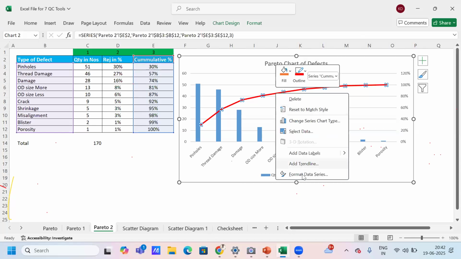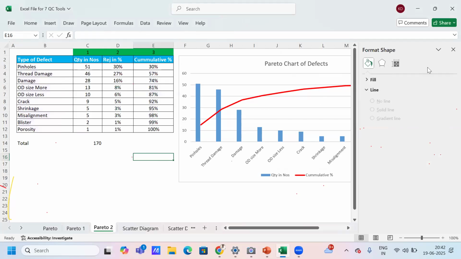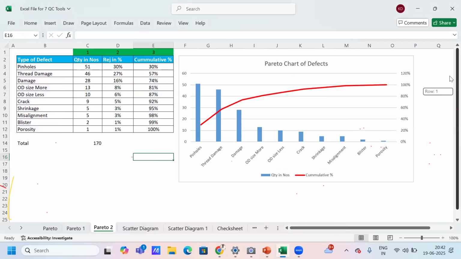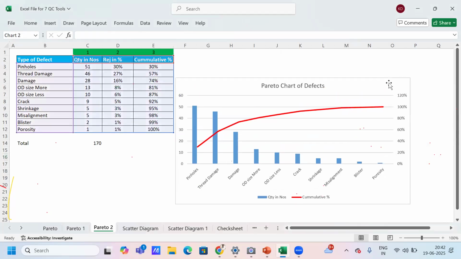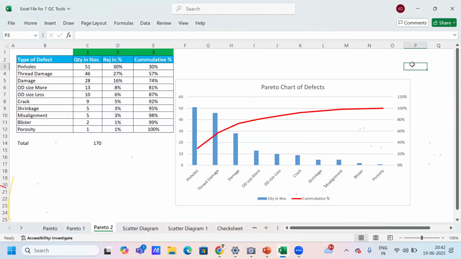Sir, is there any specific name for that line or is it just a trend line? Here we highlighted it in red color, right? No, there is no color, I just highlighted it red. You can use your own. This is called the cumulative percentage line.